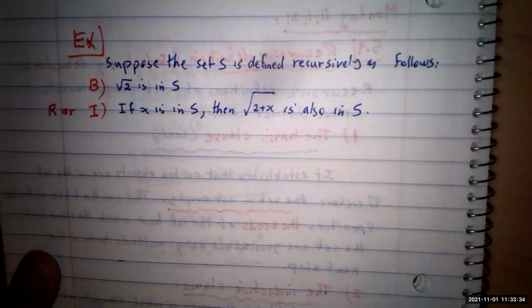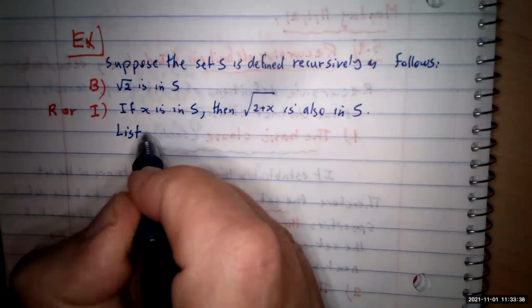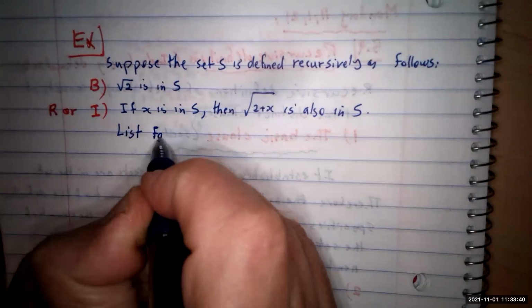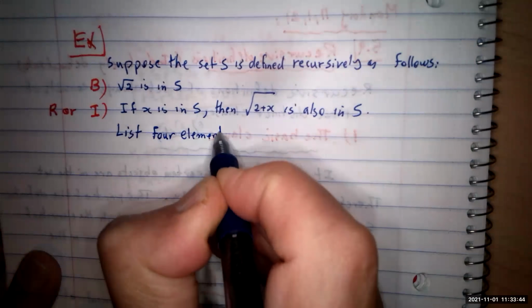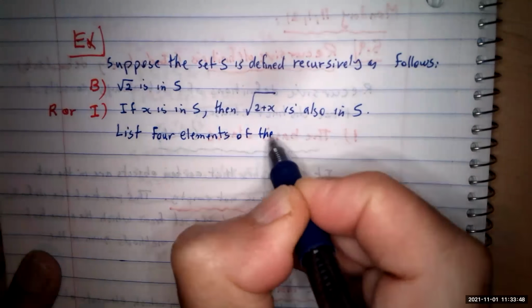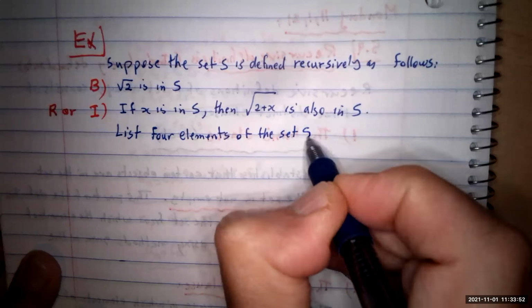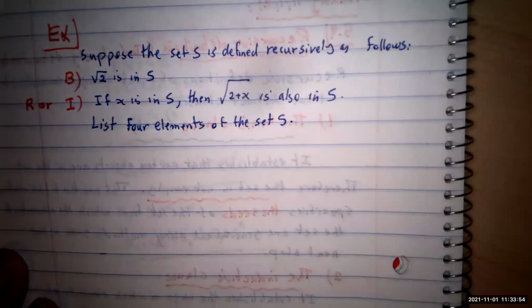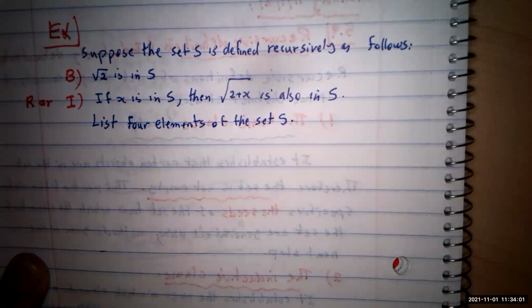So what we'd like you to do is list, let's say, 4 elements of the set. We may ask for 4 or 5 elements of the set S. That's it. So you do it at least a couple of times just to show us, and then you can find all 4 elements.